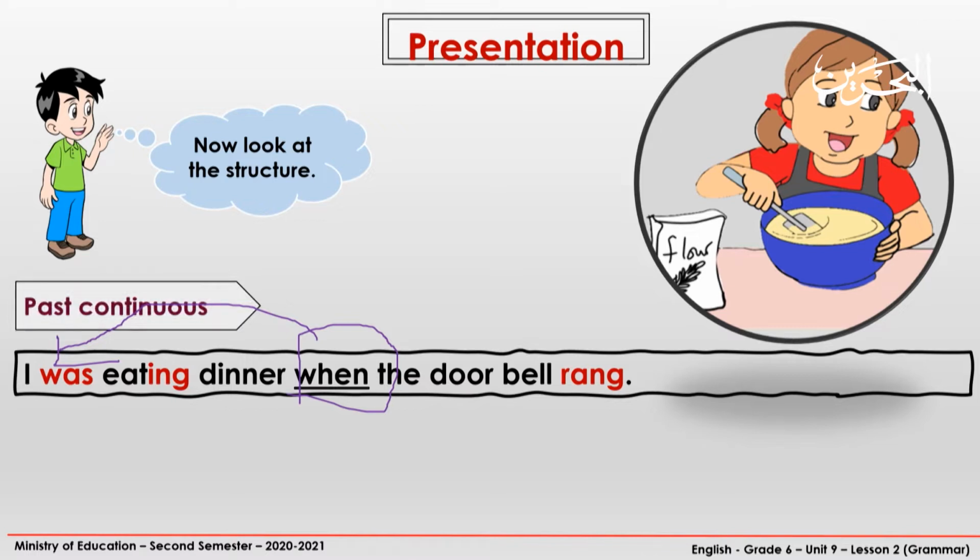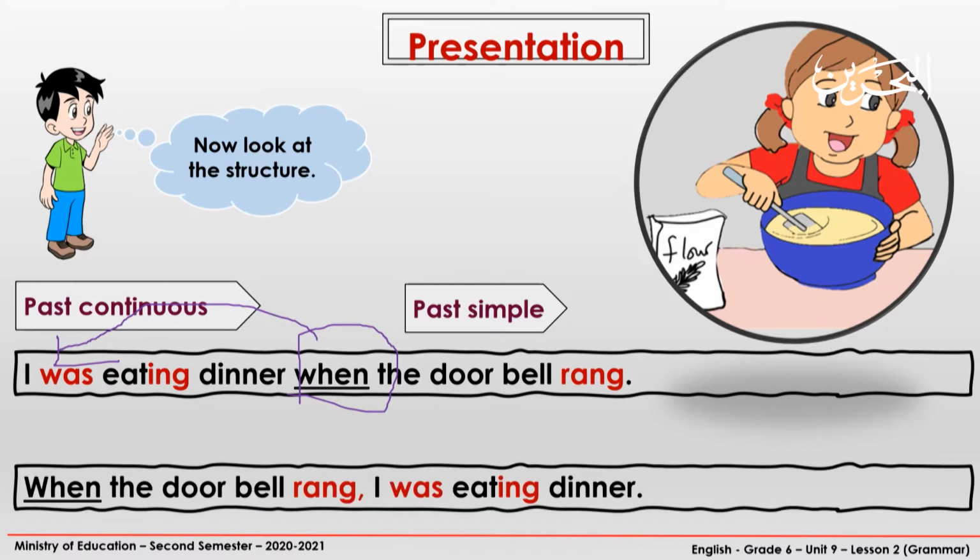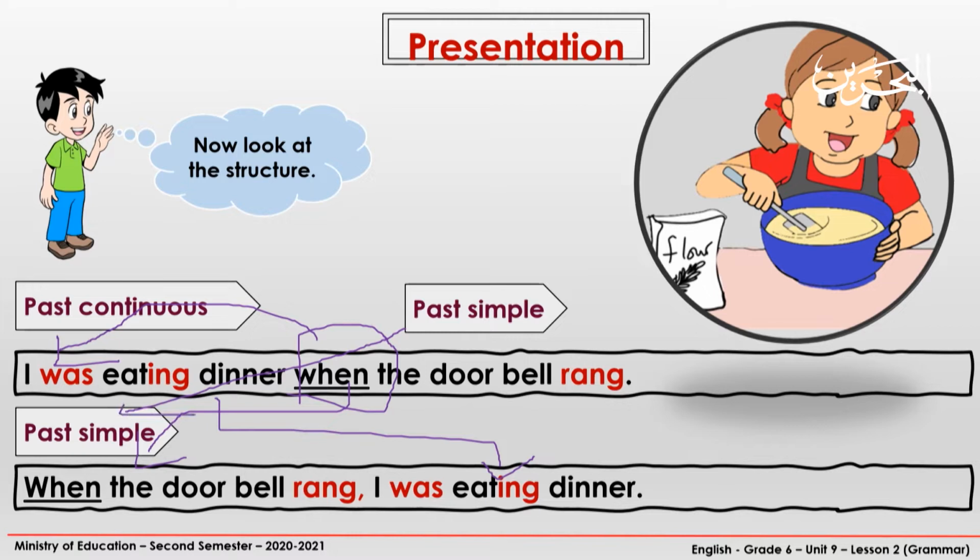Here it started with past continuous followed by past simple. If we flip it around, we bring this here, comma, and then this here. So, when the doorbell rang, I was eating dinner. As we said, the simple past moved to the front and the continuous moved after that. Okay?